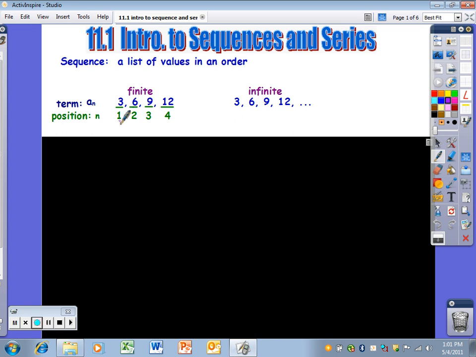The first position, the second position, the third position, and the fourth position. So if I want a sub 3, that means the term in the third position, which would be 9. So this is the term, and this is the position.